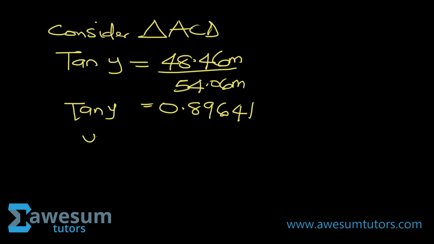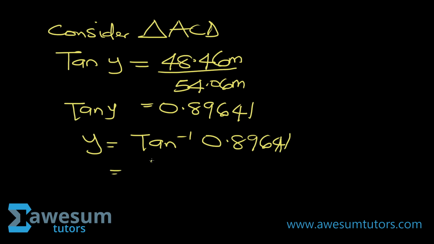So what you're going to do now is to find an arctan of 0.89641, because you're looking for y, right? So arctan of that is going to give us, if you use your calculator, 41.873 degrees. That is your y.